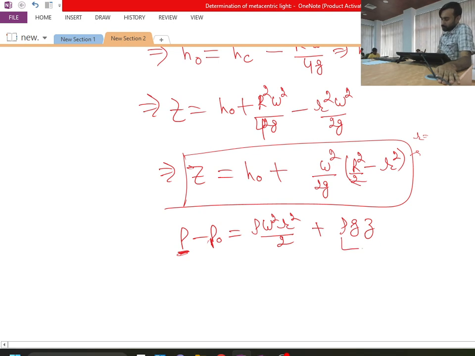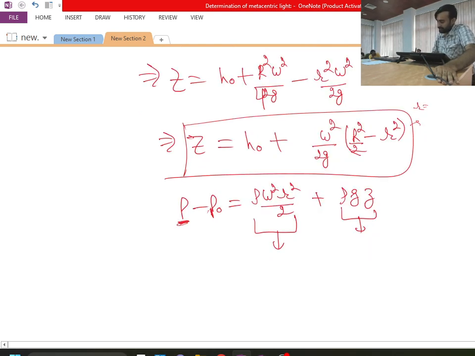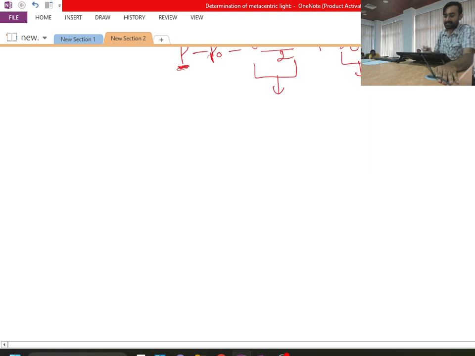This rho g z is coming because of the hydrostatic part, plus because of the rotation of the fluid, this component is coming, which is varying the pressure in the radial direction. And you can see that in the radial direction pressure is varying in a parabolic way.